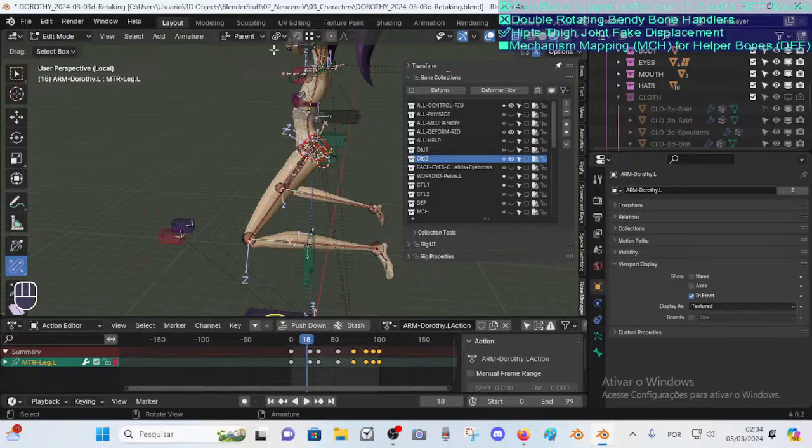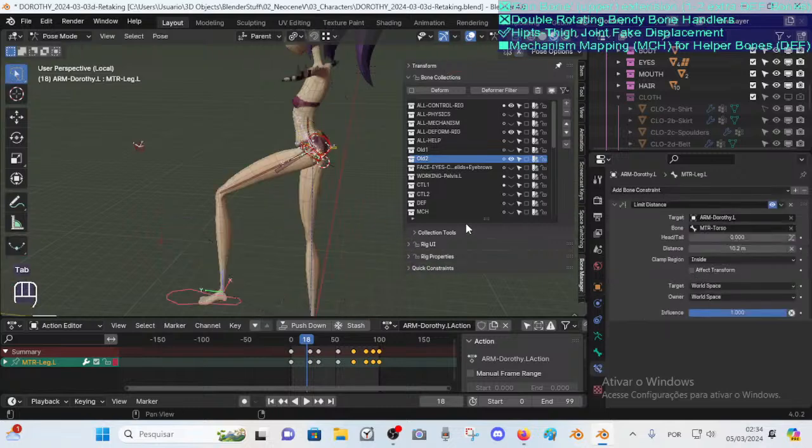It doesn't go so far, so 90 would be here, half 90 plus 45, so it's more or less like that, the maximum that the positive X-axis rotation should go for this leg, I assume for now.